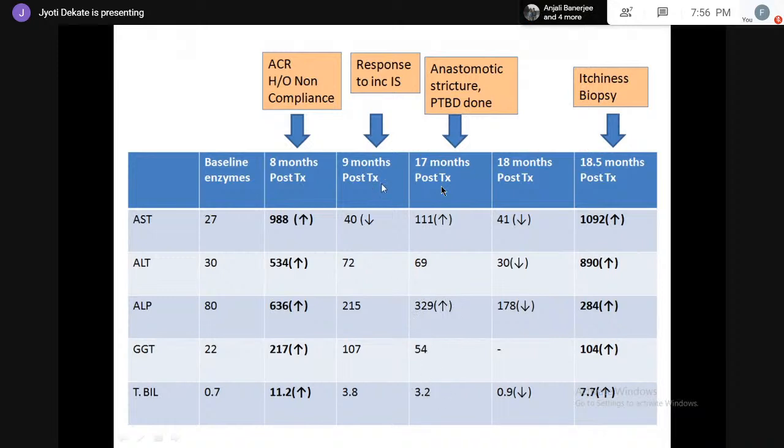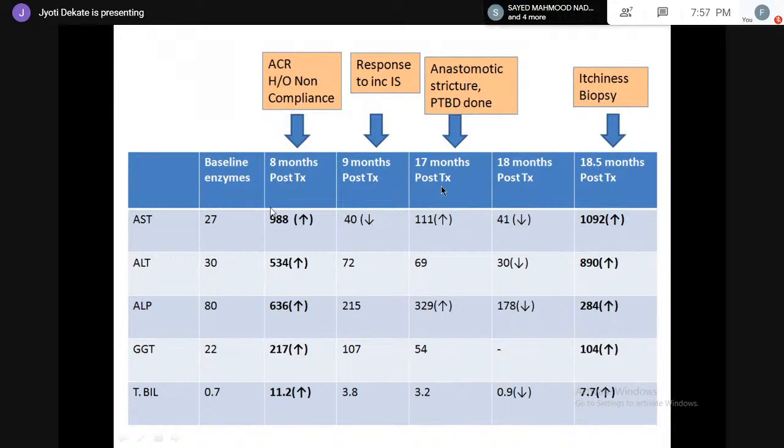Between 9 months and 17 months the liver enzymes dropped down, which I have not shown here. Because of the elevation in the ALP and bilirubin, and some symptoms, cholangiography was done. She was again found to have anastomotic stricture, for which PTBD was done.